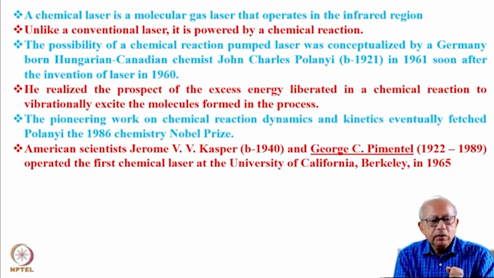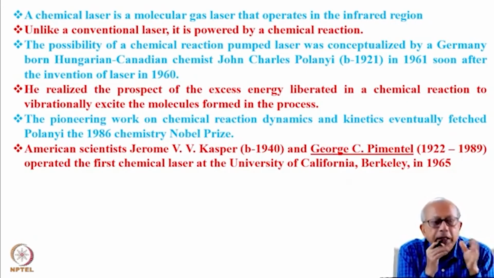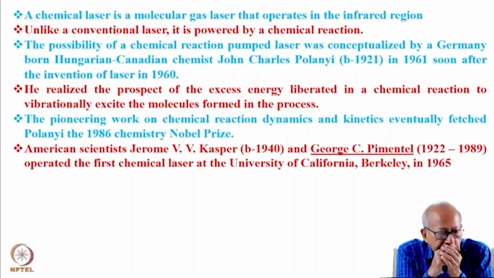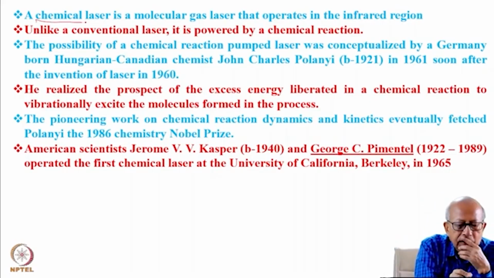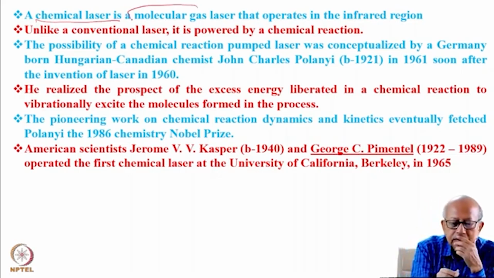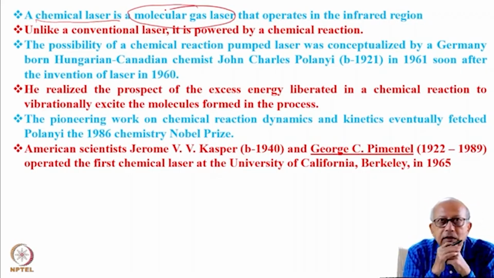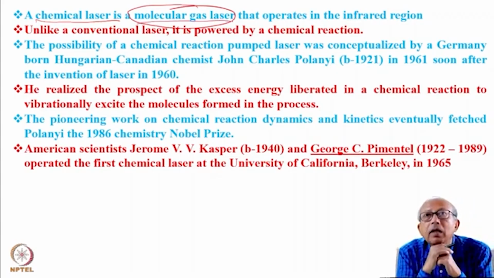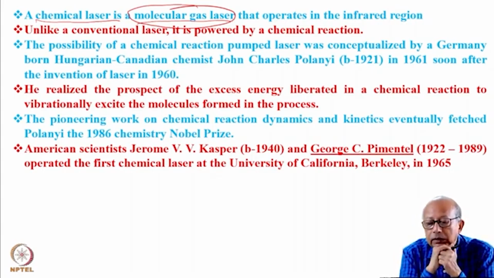All right, so let us begin with this introduction to our understanding of the working of a chemical laser. As we know, it is, of course, a molecular gas laser, although it cannot be categorized in this group, and it operates in the infrared region.